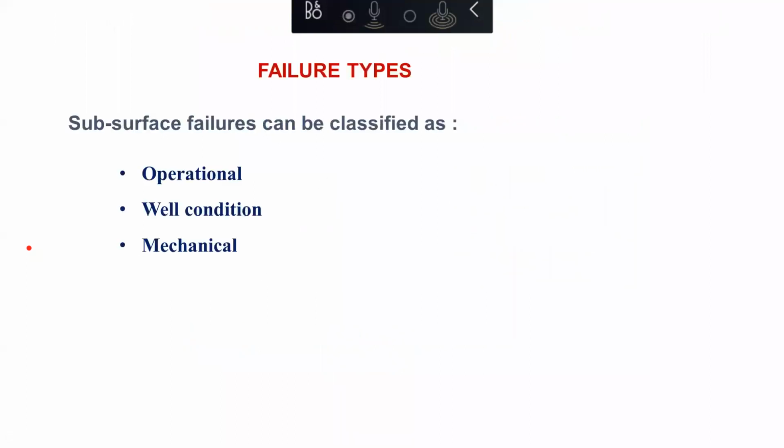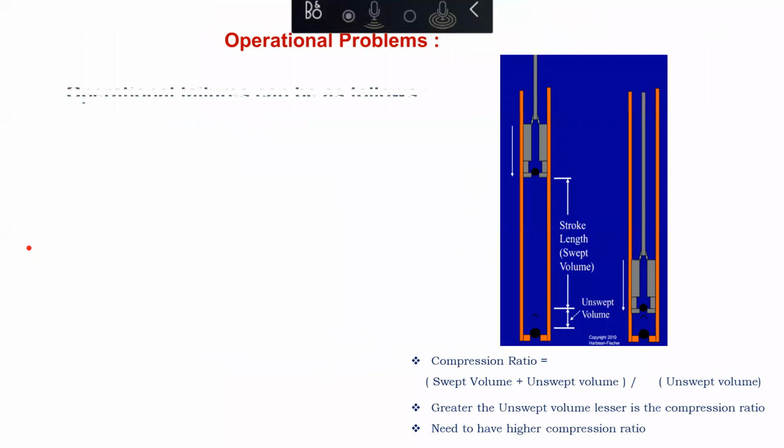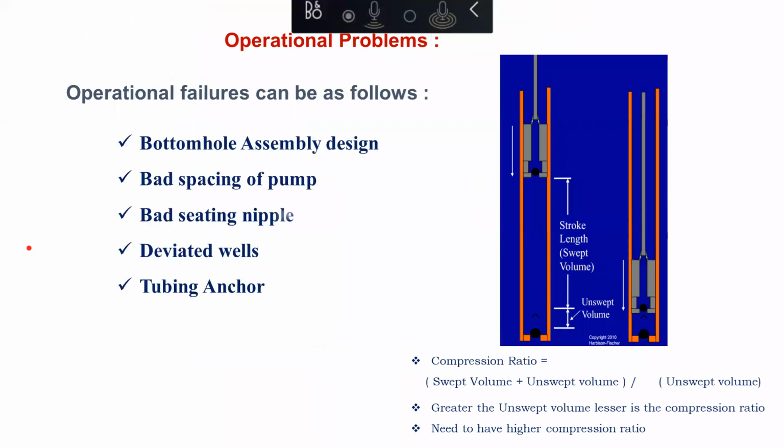Now let's see the subsurface failures, which can be classified into operational, well-conditioned, and mechanical. For operational, it may be that your bottom hole assembly design is not proper, so you may have to deal with inefficiency, and there is bad spacing of the pump. Like I explained before, during your hookup you are going to adjust your polish rod 3 inches per 100 meters.